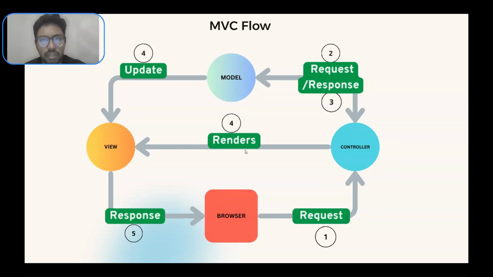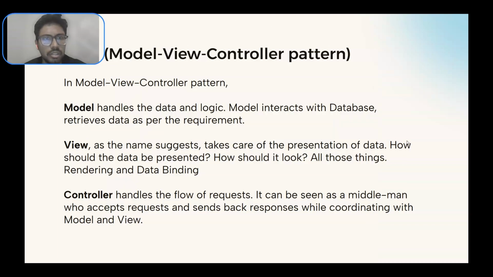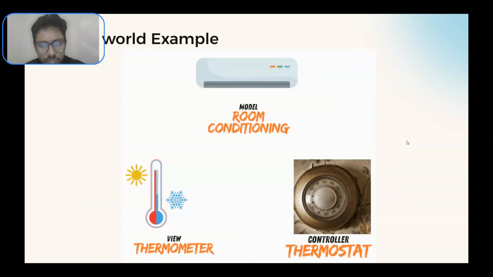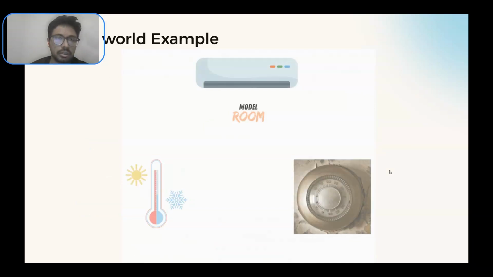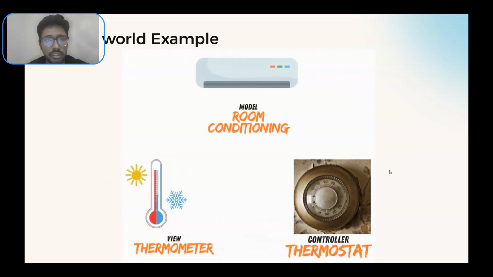Let's go through an example to understand this better. Imagine you have a room conditioning unit. You have a complete air conditioning unit, and you have an old thermostat controller.